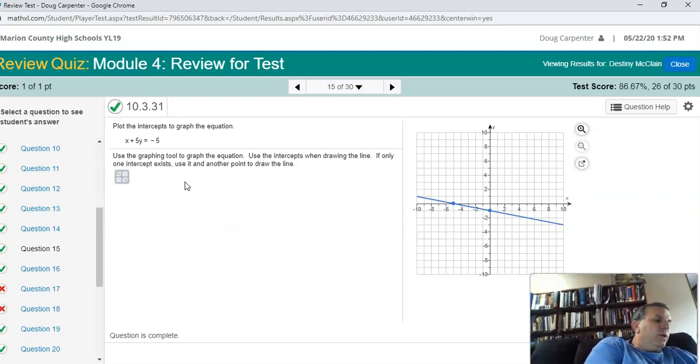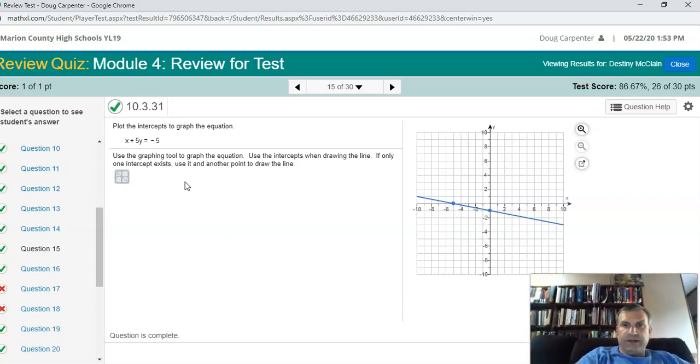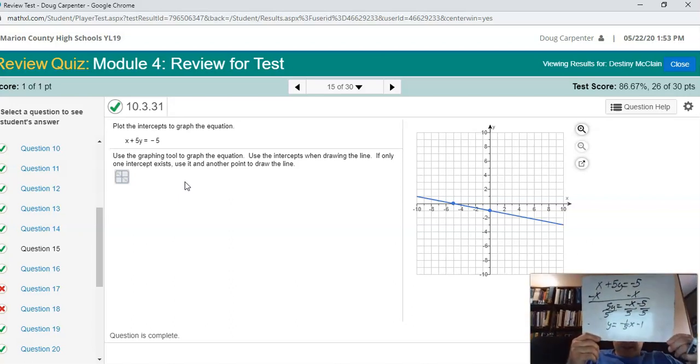Now I have 5y is equal to negative x minus 5. Divide everything by 5. Y is equal to negative 1 over 5x minus 1. That's how I got my line. Most of y'all are pretty good at this part.